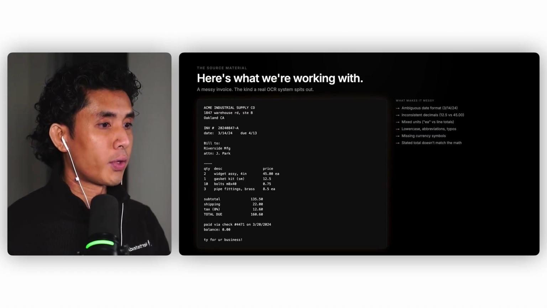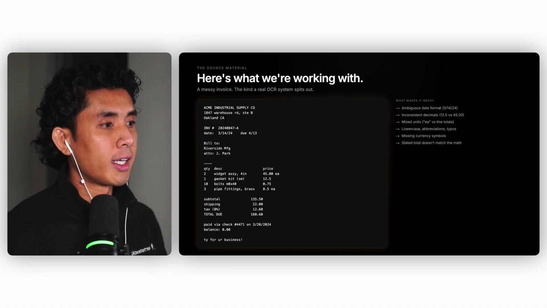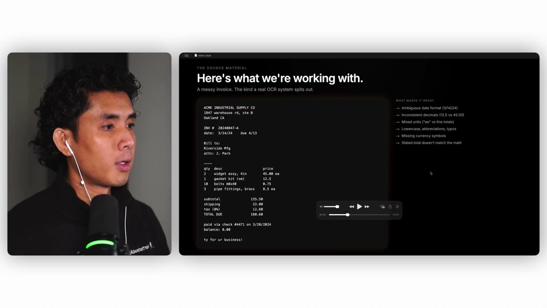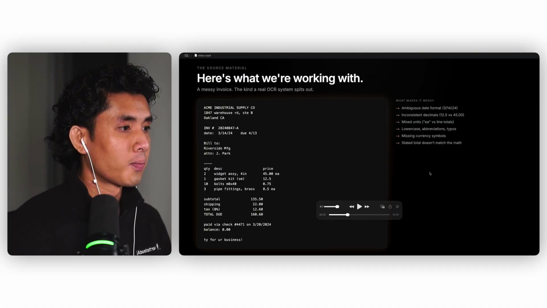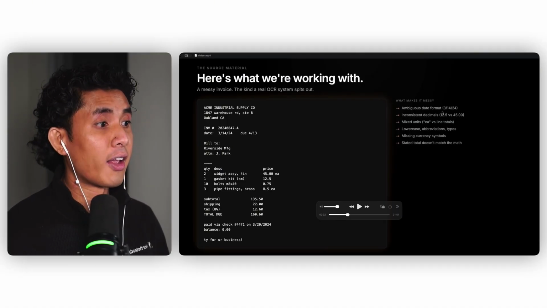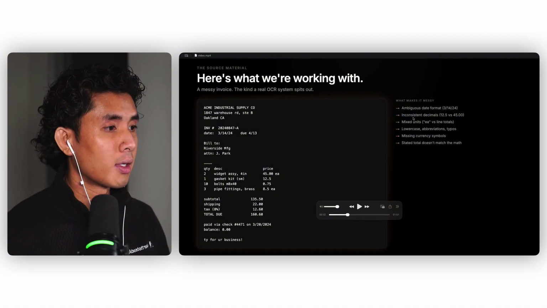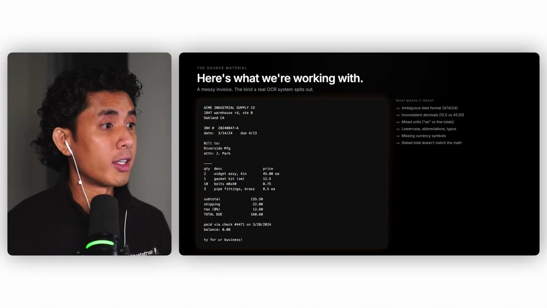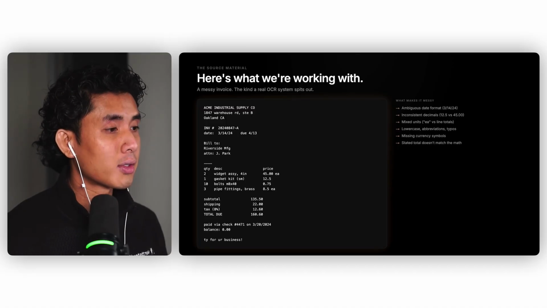And if we think about this example that we're looking at, well, let's take a closer look. What makes it messy? Well, the date format is ambiguous. There's an inconsistent format in terms of how the decimals are laid out.